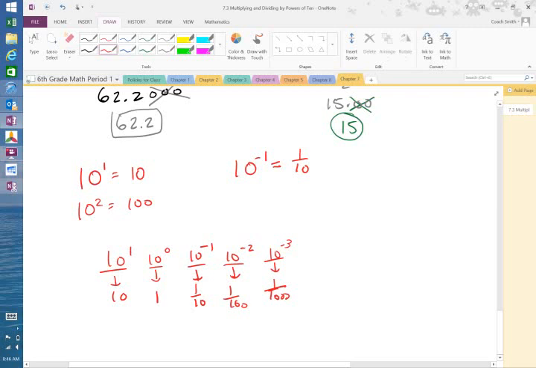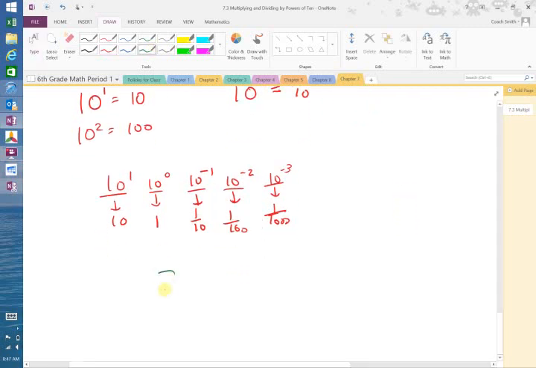Now, that gets us into our little bit of a complication, our fly in the ointment, as I said. So if we have 8,000 times 10 to the negative 2 power, bear with me here. Write it down, but bear with me. So this is 8,000 times 1 over 100, right?